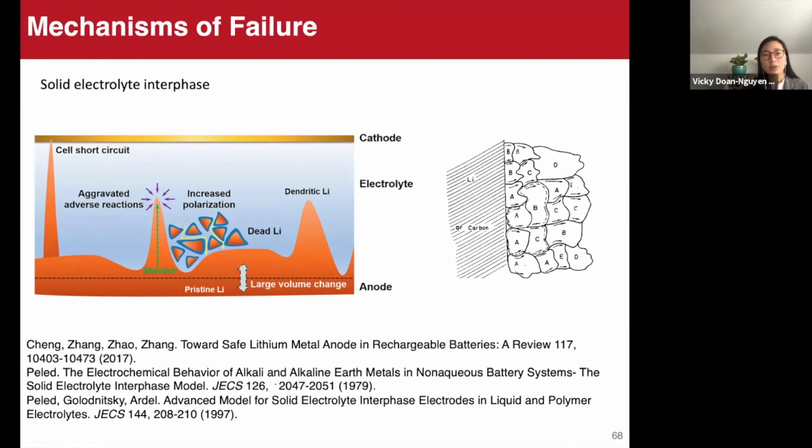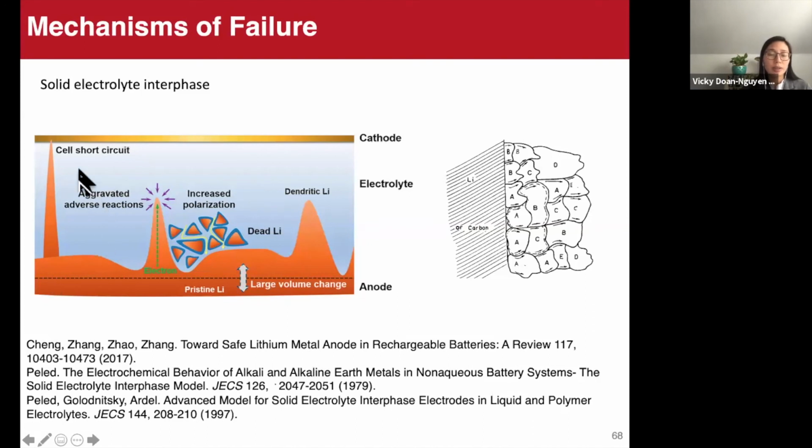In your lab module, you'll be using 1 molar LiPF6 in a combination of 2 carbonate-based solvents. We'll discuss in great detail in person why that is an optimal and standard electrolyte. But for now, let's just talk about what can happen in terms of interactions between the electrolyte and the electrode, as well as the 2 electrodes.